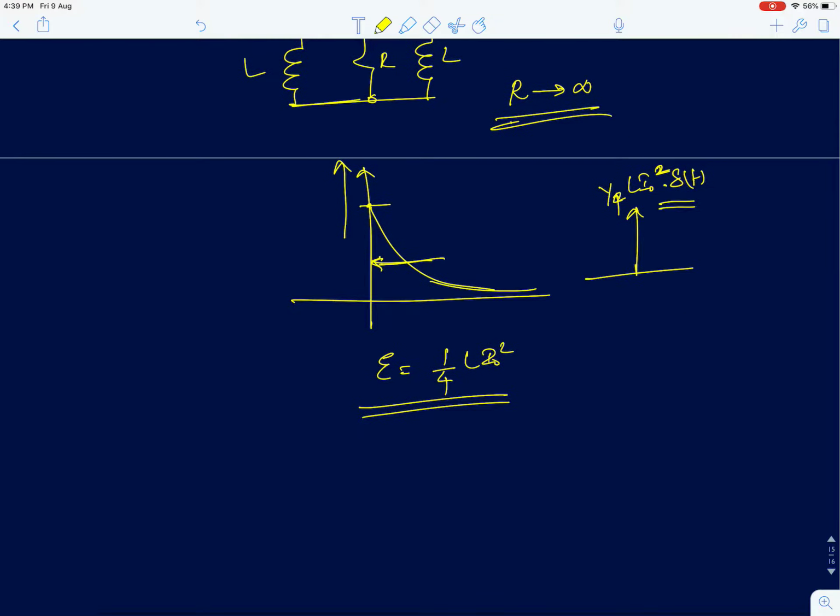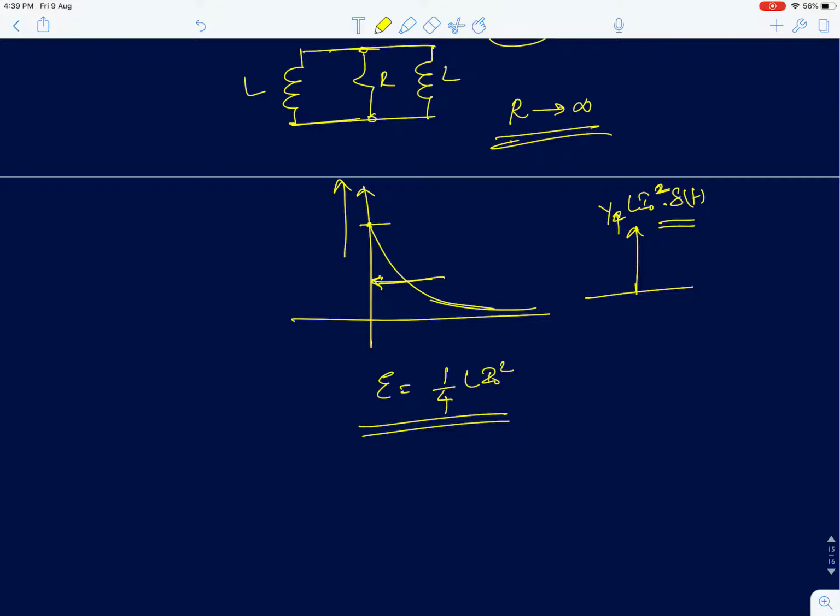So what happened here was that there was an impulse of voltage across the resistor. Therefore, when the resistance value becomes infinity, it's an open circuit. But since there was an impulse of voltage across it, there was a finite power dissipated across it.